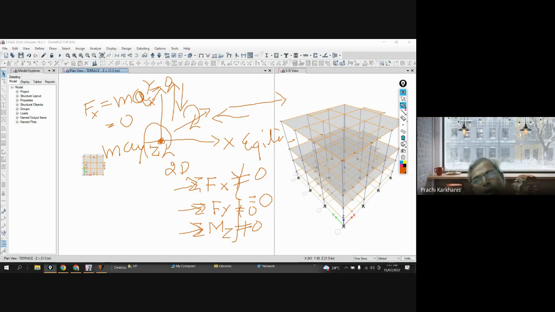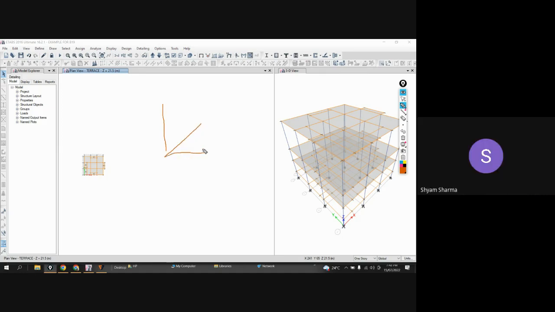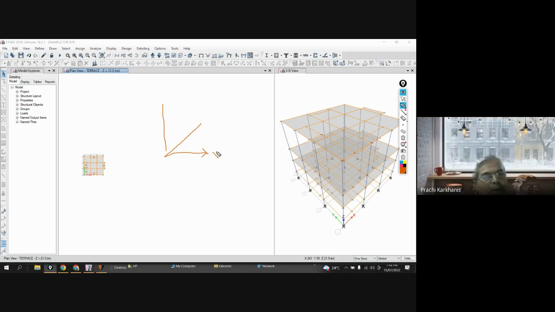So under the 2D case, we have 3 equations of equilibrium. And what will happen in 3D? 6 equations. So this is x, this is y, and this is z. So we'll get 6 equations of equilibrium, right?